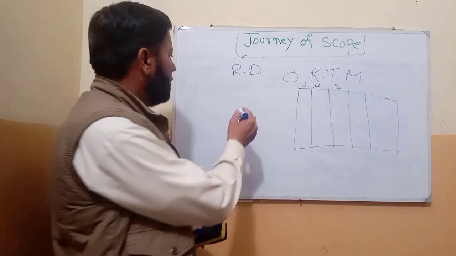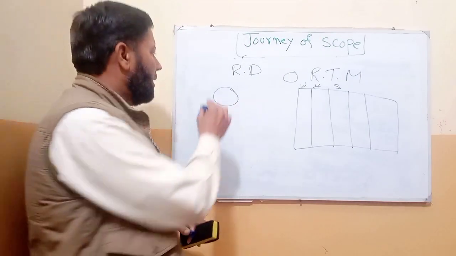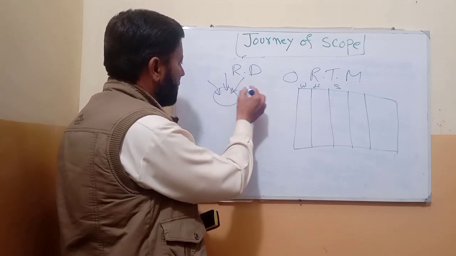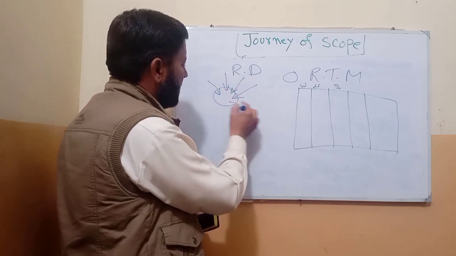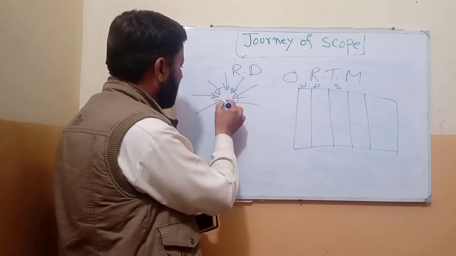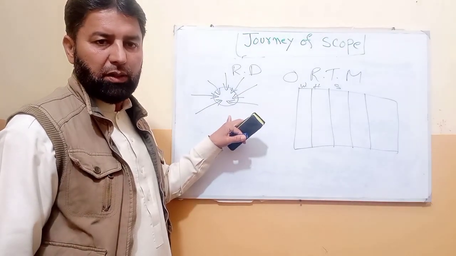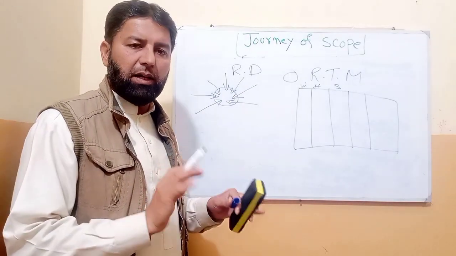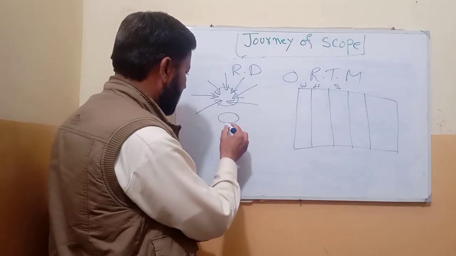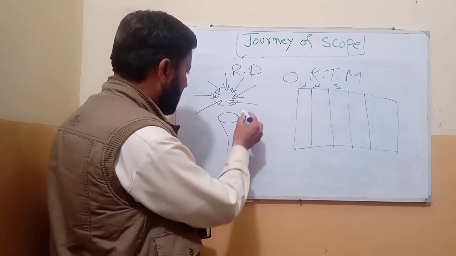Then we will filter the requirements. We'll put all the requirements, the functional requirement, non-functional requirement, solution requirement, transition requirement, business requirements, stakeholder requirements, quality requirements, all the requirements. And then we will filter these requirements to separate the product requirement and project requirement. I will make a funnel here. We will put all the requirements here.